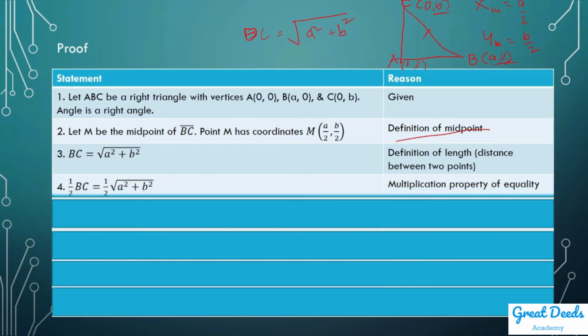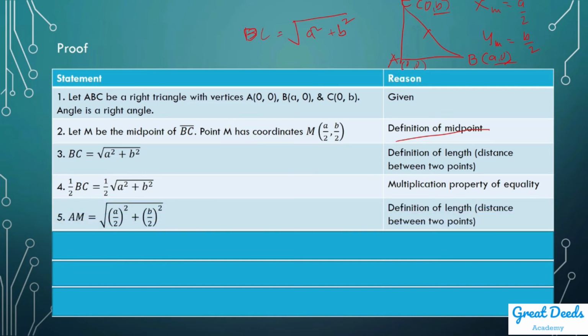Number 4, 1/2 of BC is equal to 1/2 of the square root of a squared plus b squared. Reason: multiplication property of equality. What is the length of the median? So this is the median.